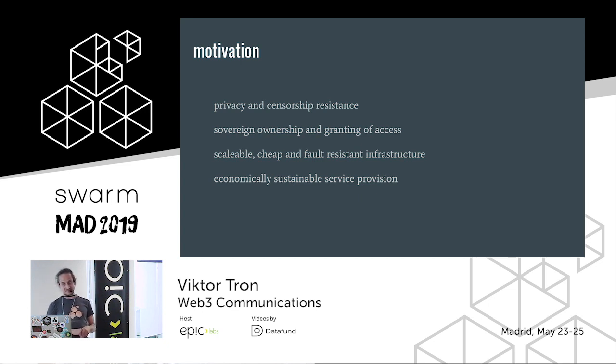Host it on a scalable and cheap infrastructure, which allows for messaging services that we need to be autonomous, and also have it as a system which is economically sustainable through built-in incentives. And the incentives ultimately connect this peer-to-peer technology with the Ethereum blockchain, which handles the consensus.